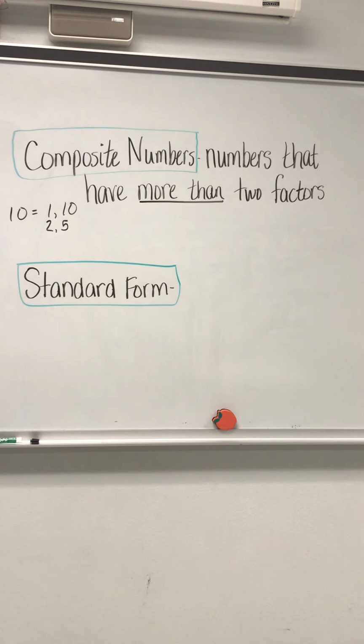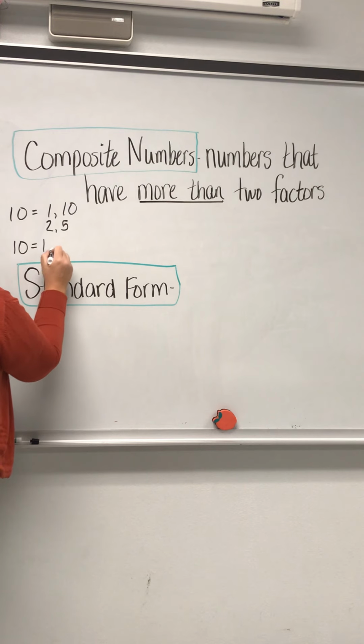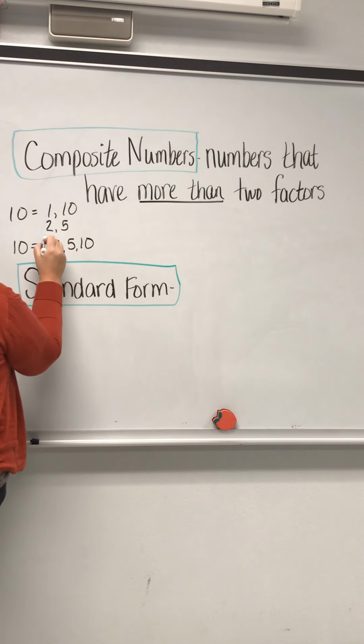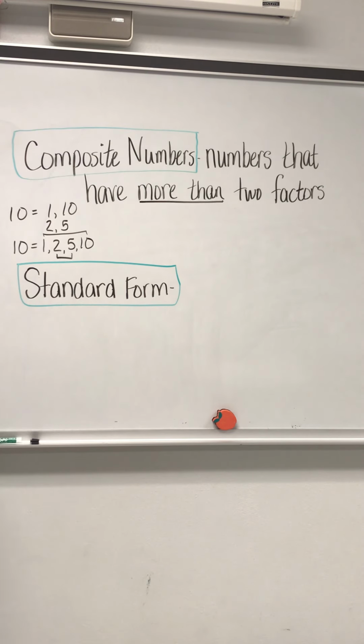So that gives us more than 2 factors, and we're going to rewrite this in numerical order. So the factors of 10 would be 1, 2, 5, and 10. 1 times 10 is 10, 2 times 5 is 10. So all the factors of 10 are 1, 2, 5, and 10.